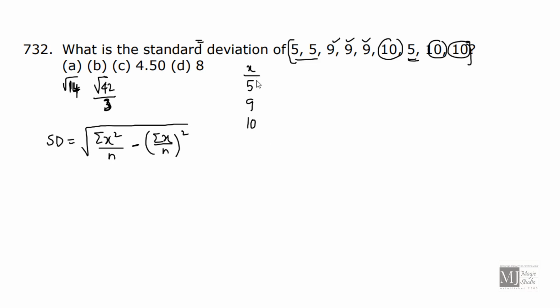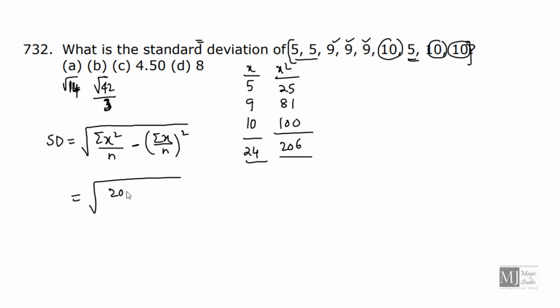Now what is the total of x? 24. X square: 9, 81, 100, total is 206. So standard deviation equals root over 206 by 3 minus 24 by 3 whole square. That would be 206 by 3 minus 24 by 3 is 8, that is 64.